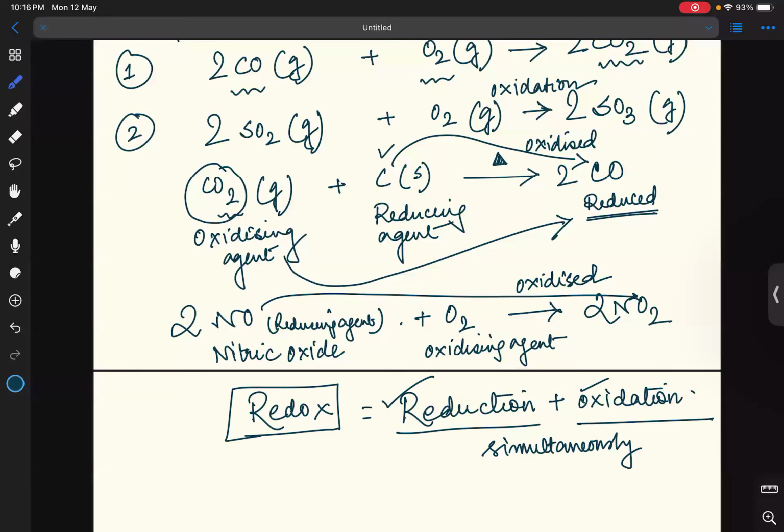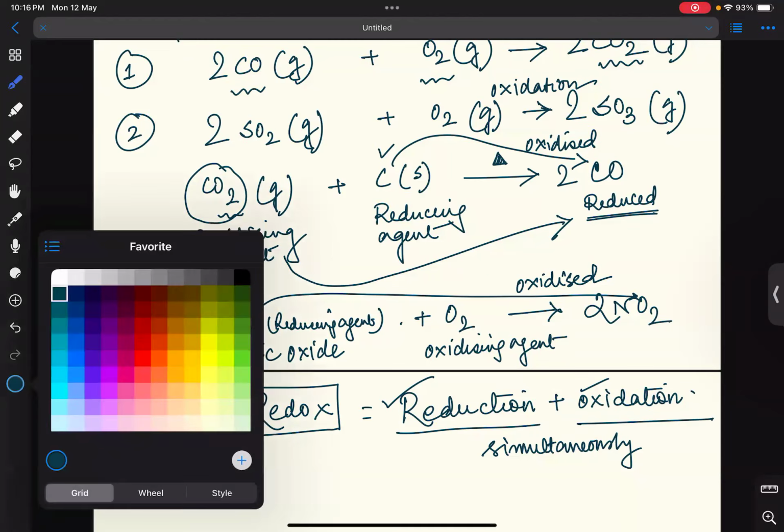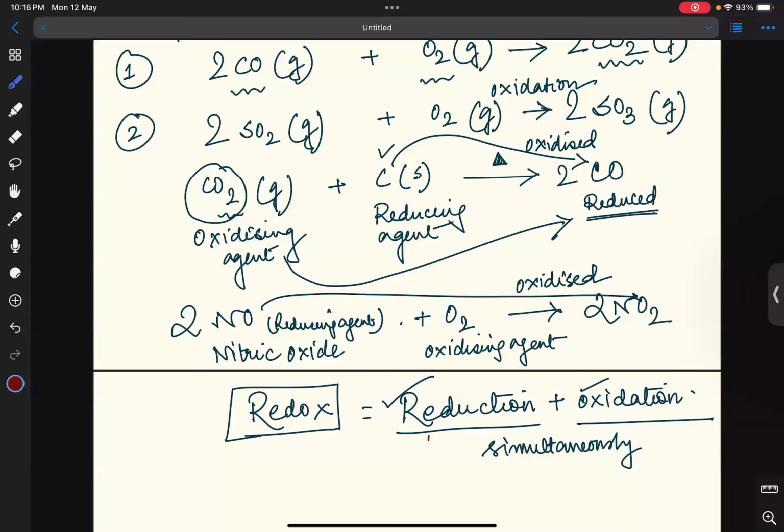Now I have taught you a newer concept of reduction, which is gain of electrons, a newer concept of oxidation, which is loss of electrons, right? But over here in these two examples, let me use the other color pen. In these two examples, as I told you, both are examples of combination reactions, right, students? But in case of combination reaction, here also we see a picture of reduction and oxidation.